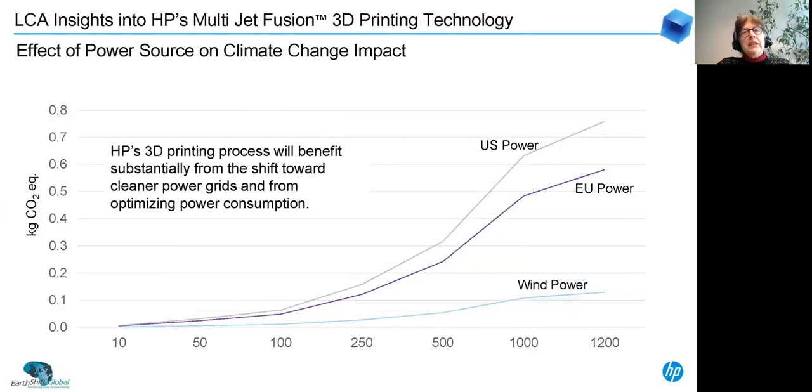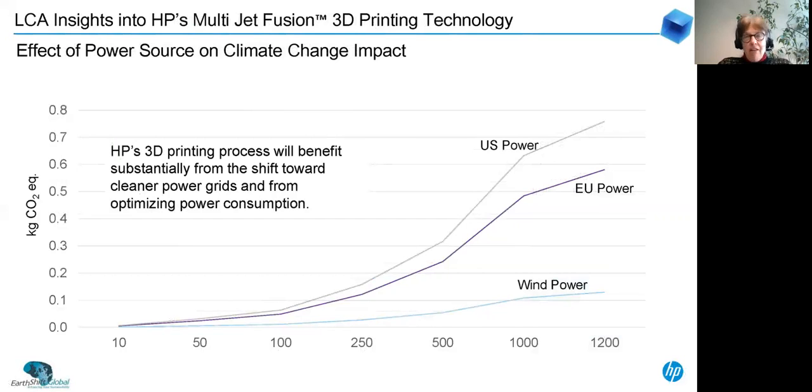We were looking at both European and US energy to begin with this part, as there are automotive manufacturers, and a lot of them in both the US and in Europe, and so HP wanted to understand that. But they also wanted to look at wind power, and so we looked at how wind power changed the configuration.